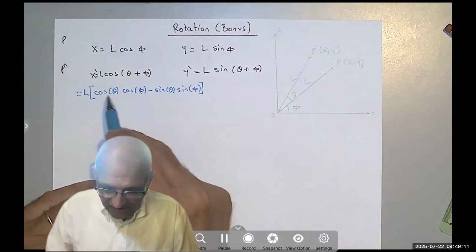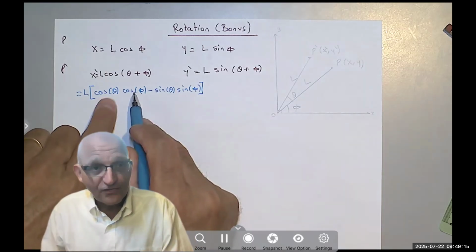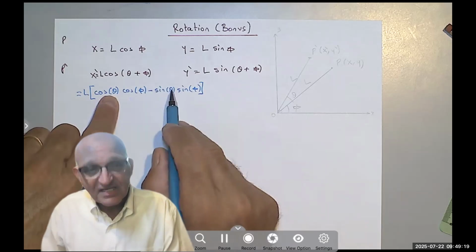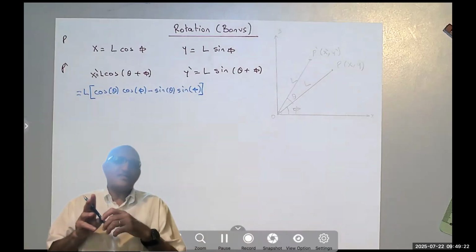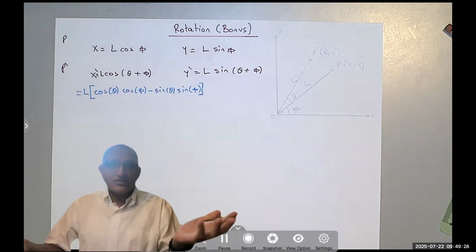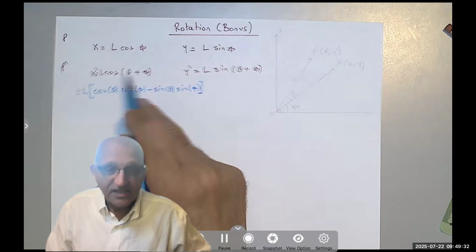So cosine square pi over 4 minus sine square pi over 4. I know that sine pi over 4 is the same as cosine pi over 4. Both of them are root 2 over 2. So you are subtracting the same value from itself. You get 0, and cosine 90 is 0.